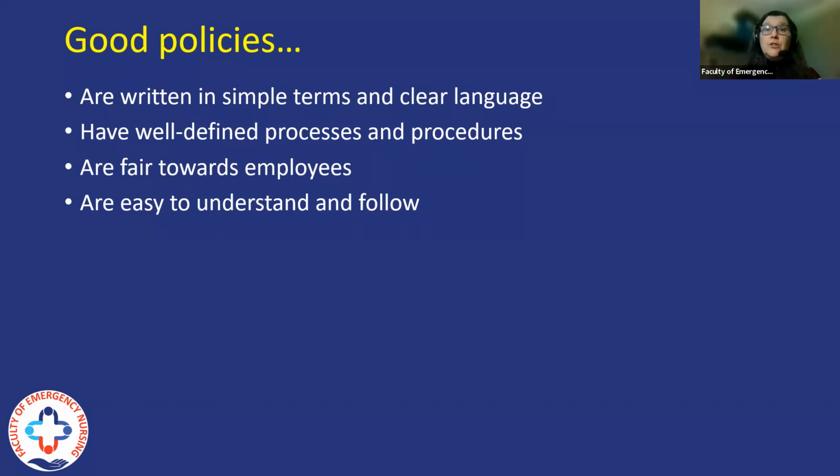The policies should have clearly defined processes and procedures attached. So you should be able to see what's attached. Every organisation has a slightly different template for how they do policies, but you should find that there will be directly related procedures or processes and associated documents.